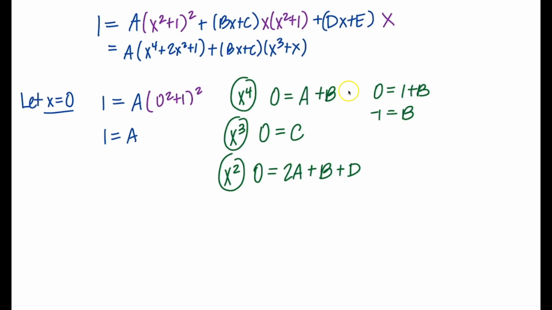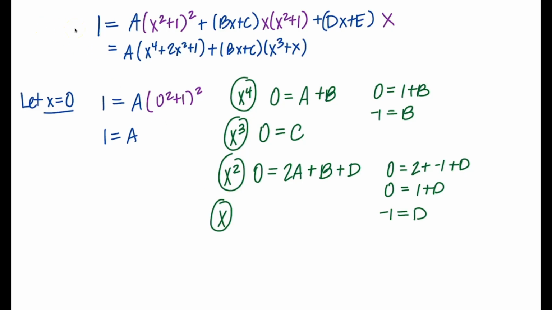Well, we have the values of a and b, so we can solve for d. So we have 0 equals 2a, a is 1, so just 2, plus the value of b, that's -1, plus d. So that 0 equals 1 plus d, so d is also -1. All right, so we have A, B, C, D. All we're missing is E. So let's think about what's in front of X.